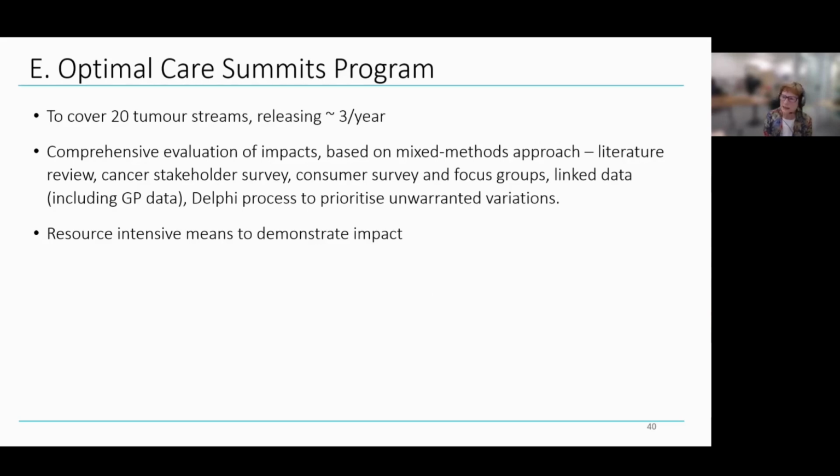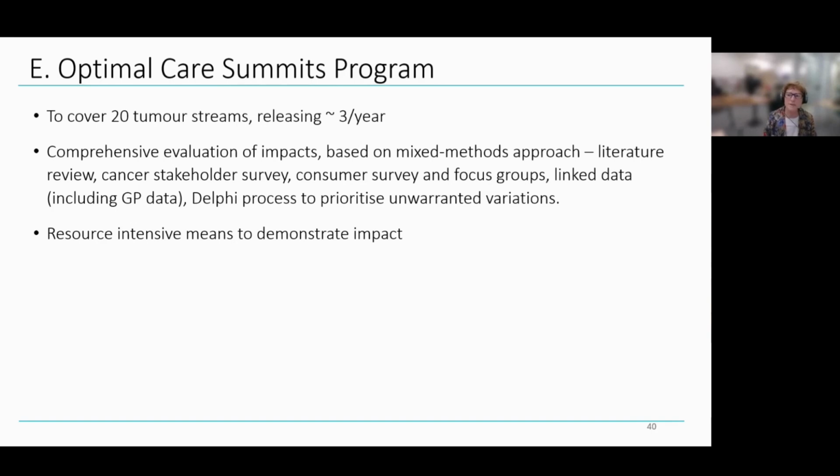And the last type of assessment of impact that I wanted to consider is the Optimal Care Summits program. So as you know far better than I do, it's to cover about 20 tumour streams, and it's releasing about 3 per year is the plan.